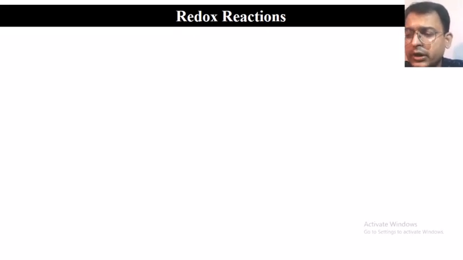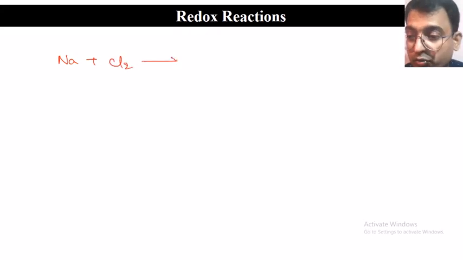Then we have observed that in these reactions, one atom loses an electron to form the cation, and the other gains the electron to form the anion. Suppose we take the equation sodium plus chlorine gives Na plus Cl minus.